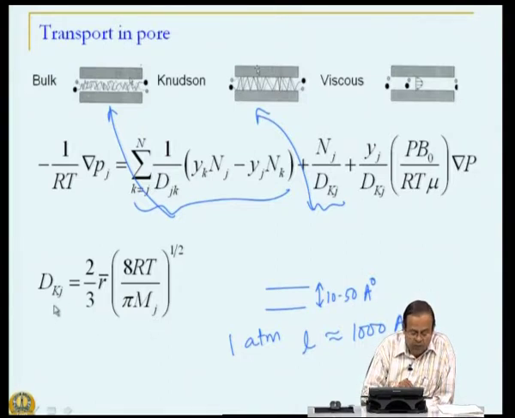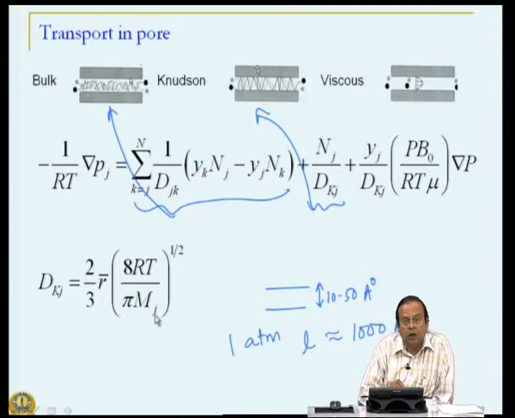Notice here we represent Knudsen diffusion as DKj, K for Knudsen and j for the species, and it is tied down to the property of the species, Mj. But notice here that it does not involve another gaseous molecule. So, whether it is a multi-component system or a binary system or whatever may be the system, the diffusion is independent of what else is there. That is a characteristic of Knudsen diffusion.